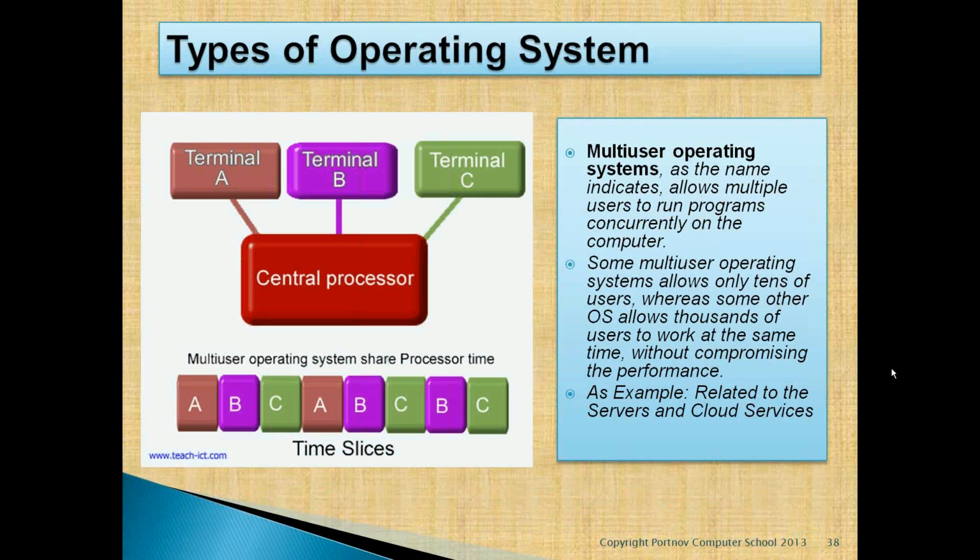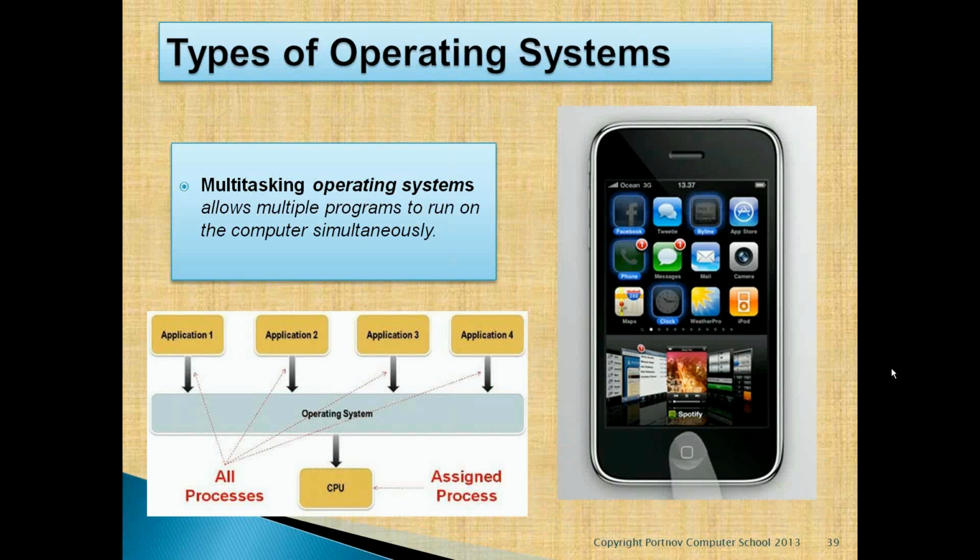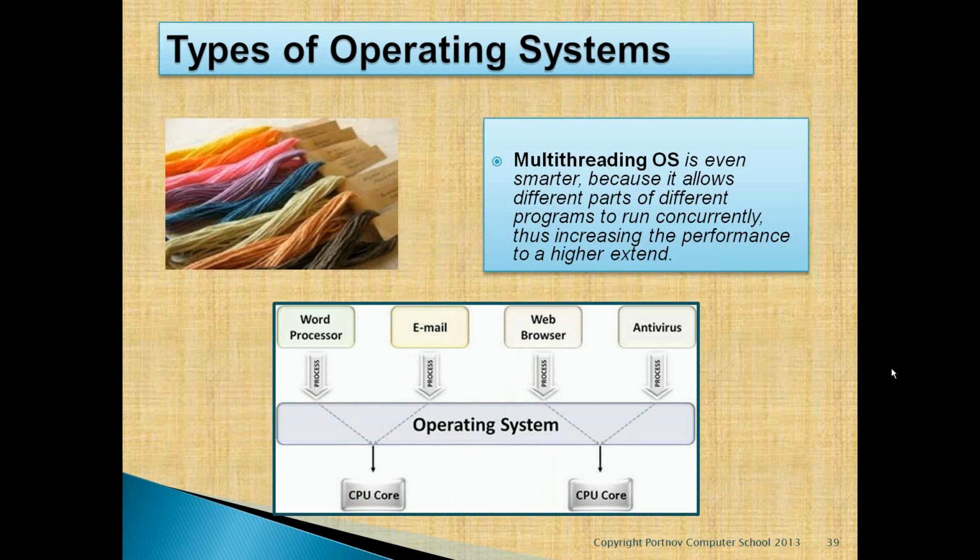A multi-user operating system is related to servers or cloud services. We have the multitasking operating system, which is what we primarily see and use every day on our mobile devices. And we have the more advanced multi-threading operating system, which is even smarter because it allows different parts of a program to run concurrently, and that increases performance to a high extent.